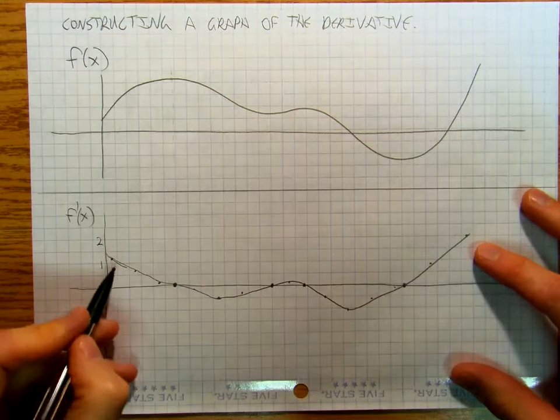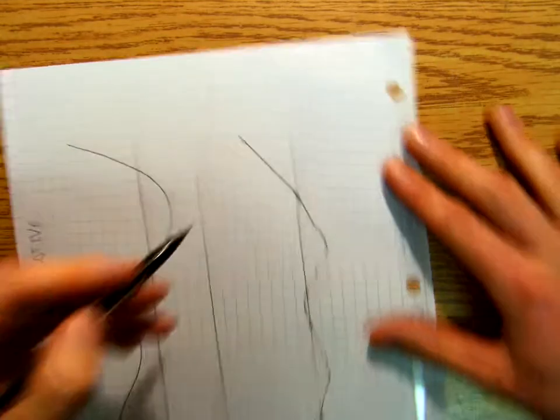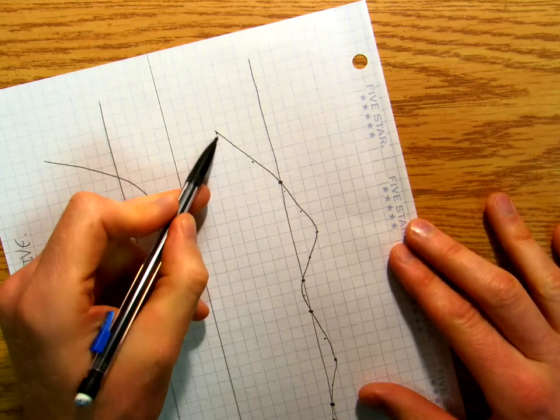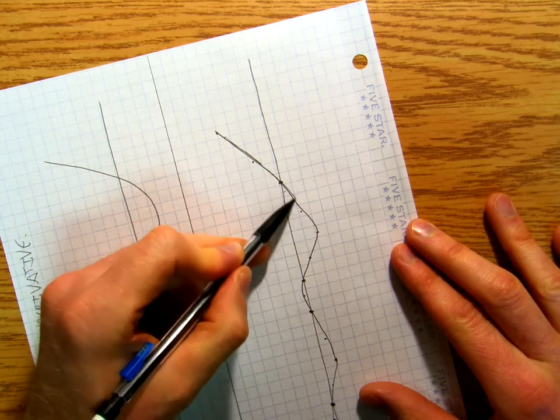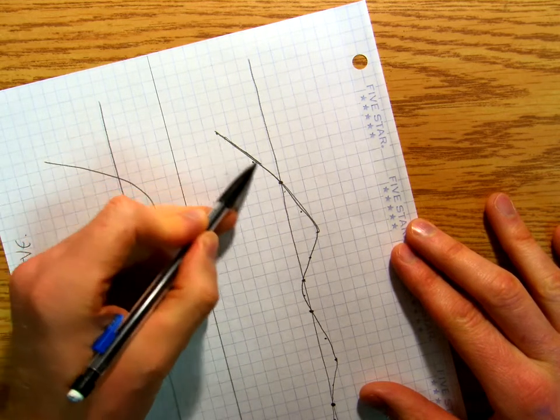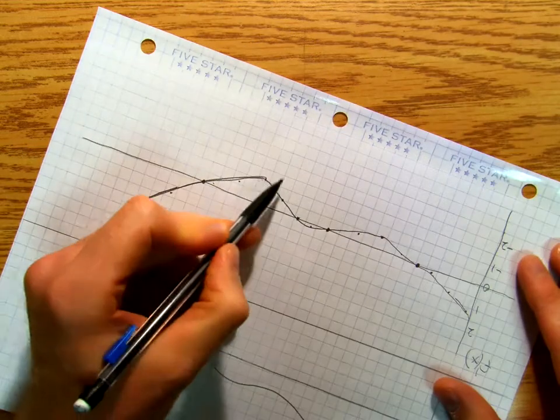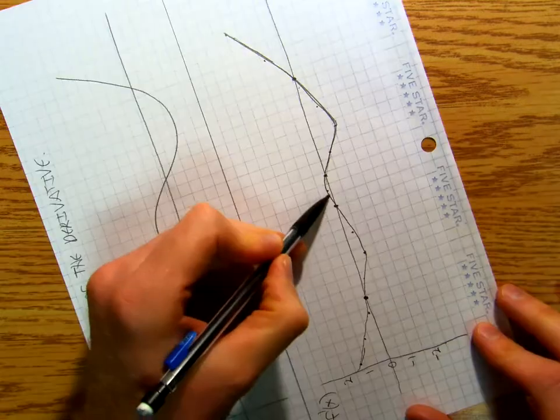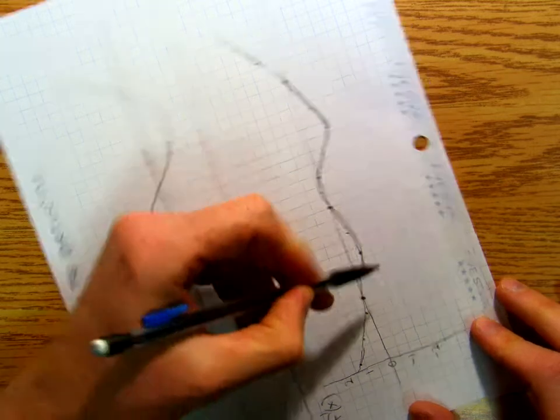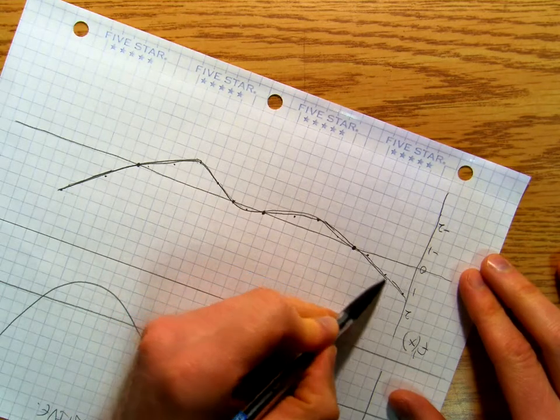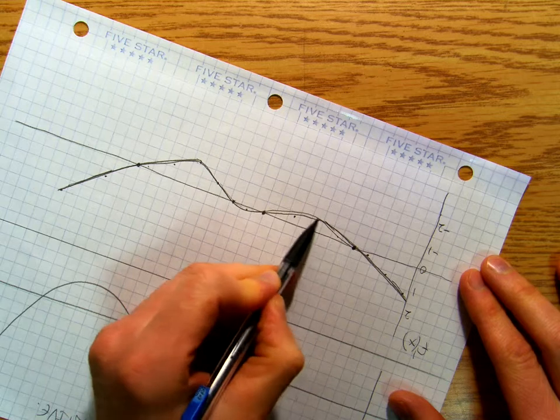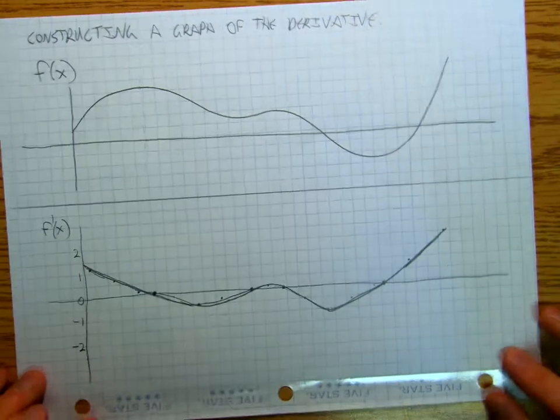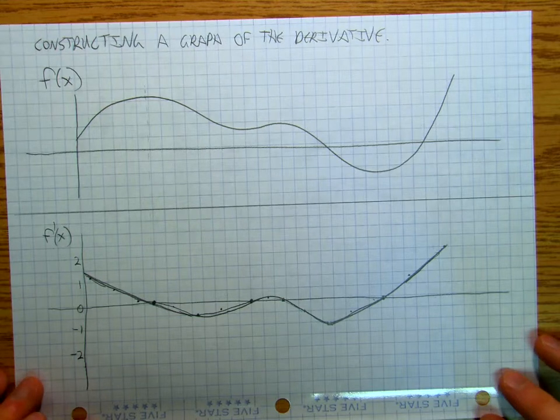I could probably do a much smoother job of that. It's pretty smooth in that area. Okay, so that's my rough slope graph.